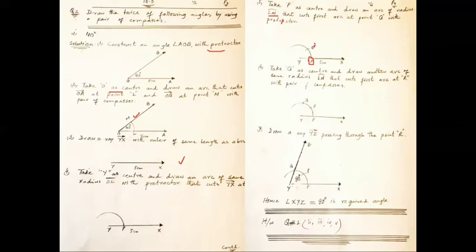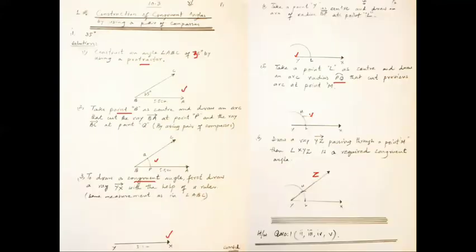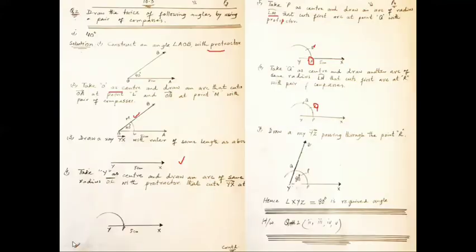Then here we will take P as center, and with the help of compass we draw an arc that cuts the first arc at point Q, and the radius will be LN, that is equal to PQ.